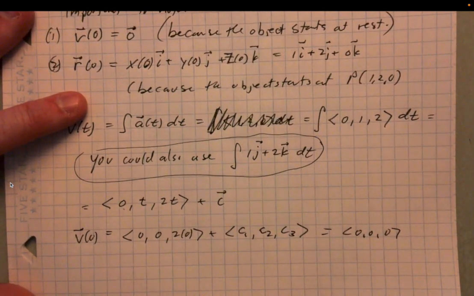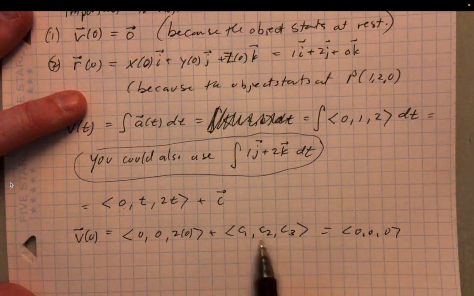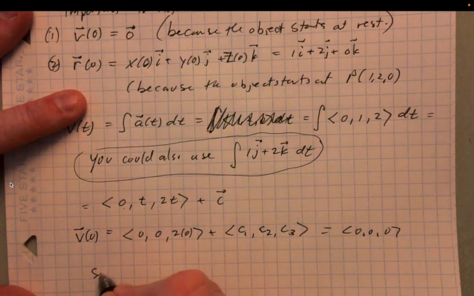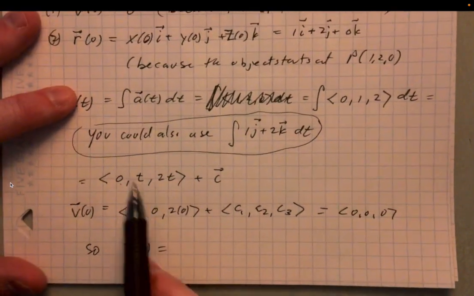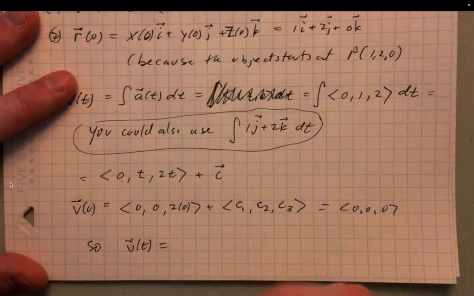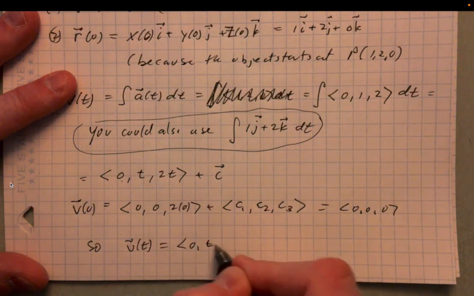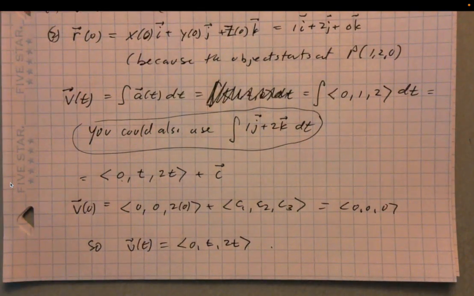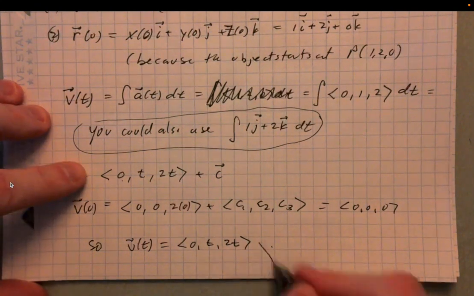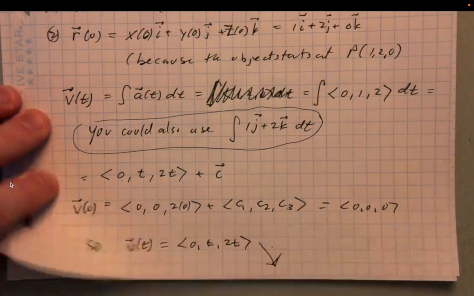Okay, and so what does that imply? Well, it just implies that all of the constants are really 0. So the velocity function is just 0, comma t, comma 2t. Okay, very easy. Now we'll integrate the velocity to get the position.